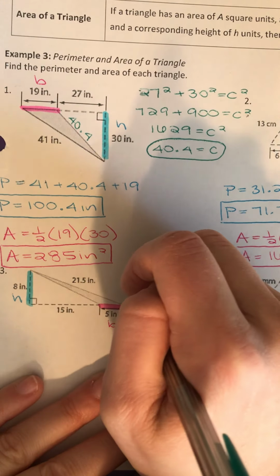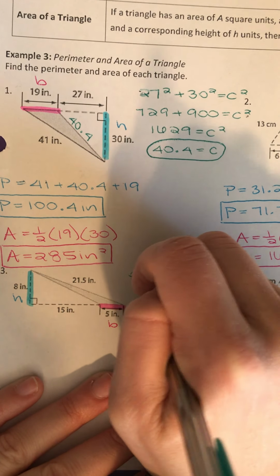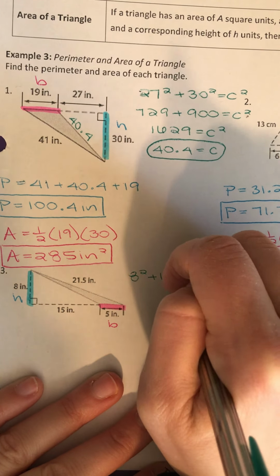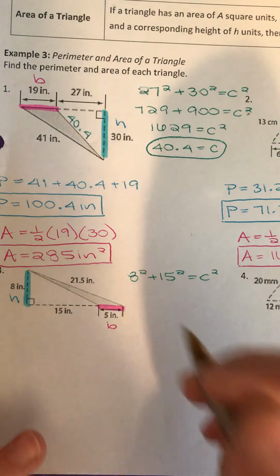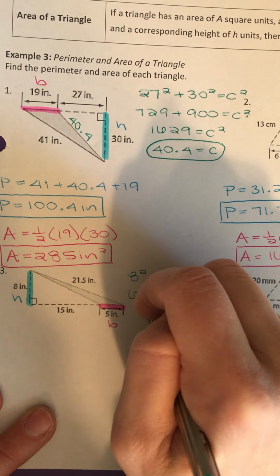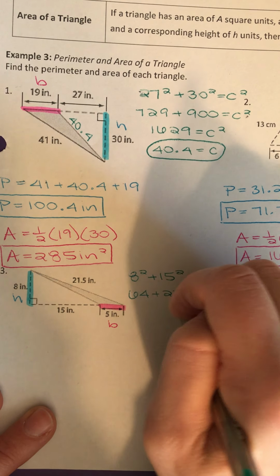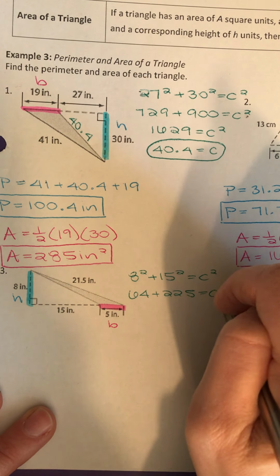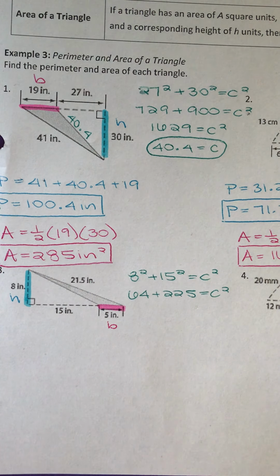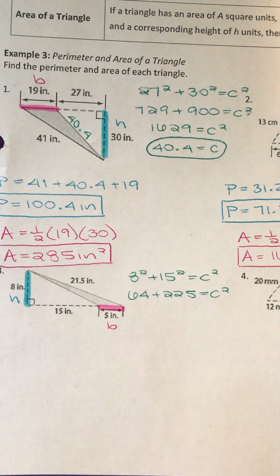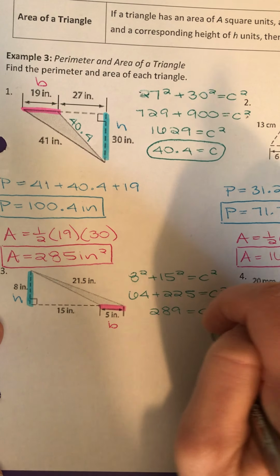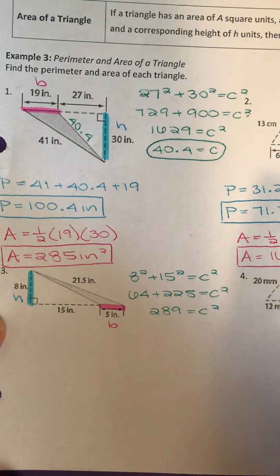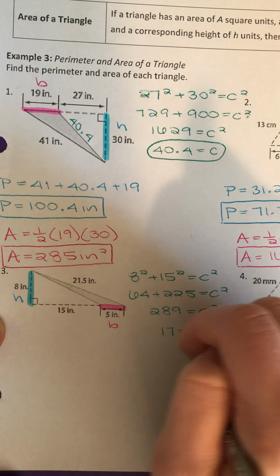So I'm going to do 8 squared plus 15 squared equals c squared. We have 64 plus 225 equals c squared. 289 equals c squared, and the square root of that is 17.